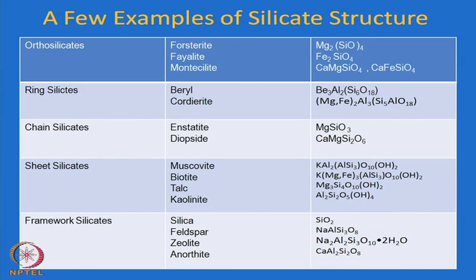Then we have sheet silicates. We have discussed a little bit about the structure. Muscovite, that is the potassium mica, and its structure, and you always have the OH ion there. The OH ion is one of the major constituents of all these sheet silicates. Any sheet silicate you have, there will always be an OH ion, whether it is muscovite, kaolinite, or talc.